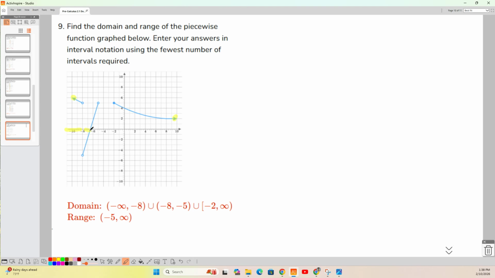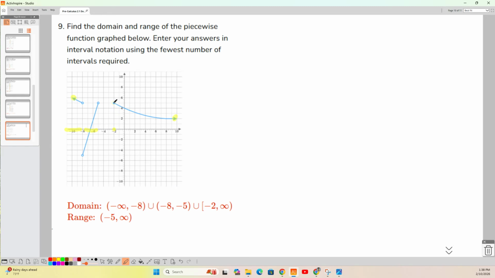The x's exist for the graph until we get to negative 5, because there's an open circle here at negative 5. So we put negative 5 with a parenthesis to indicate that we're not including negative 5. Then there's this gap in the x values. So the next x value that we see is negative 2.